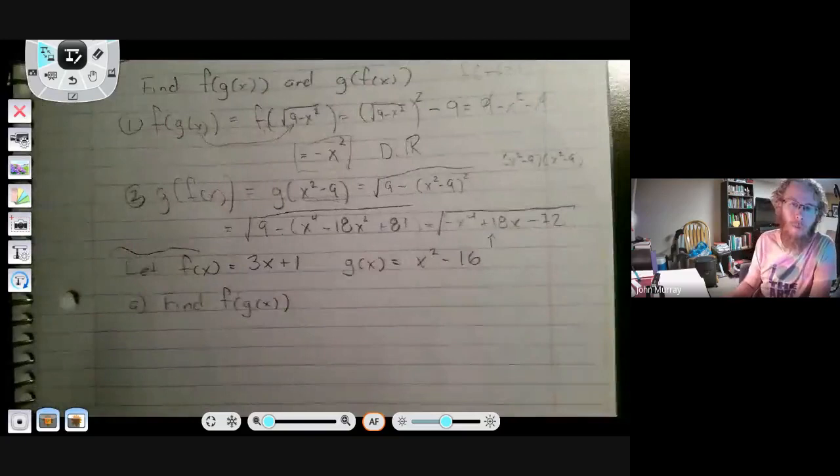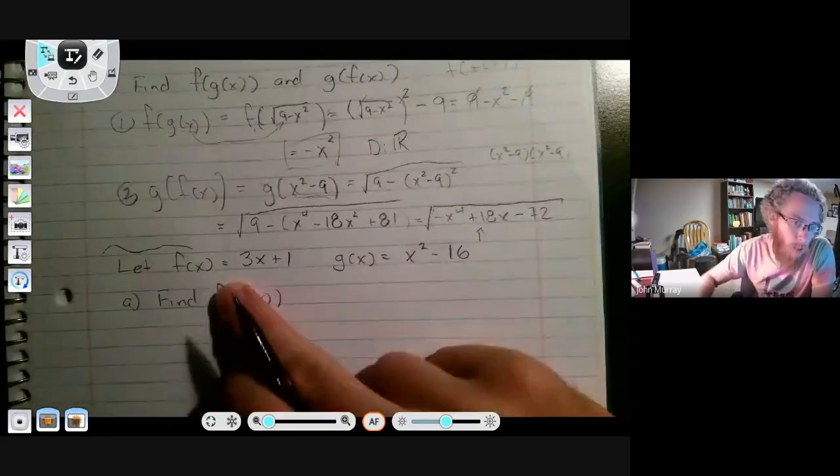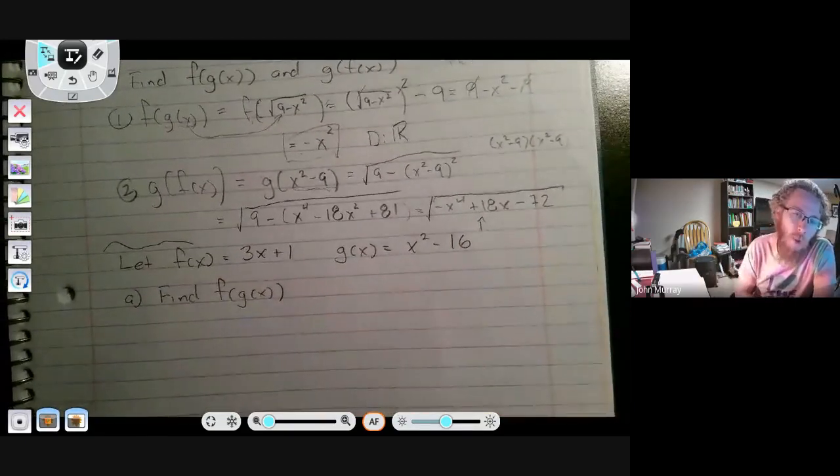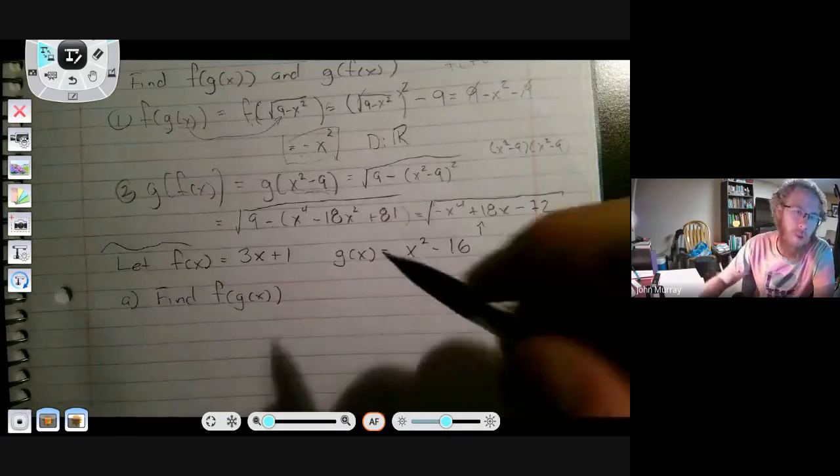Okay, so we got some somewhat simpler functions, right? This is only a linear. Here we have a squared, so we'll have to deal with that eventually.